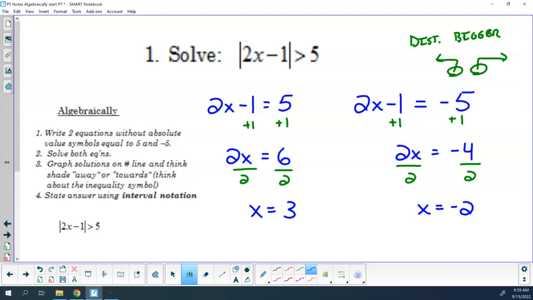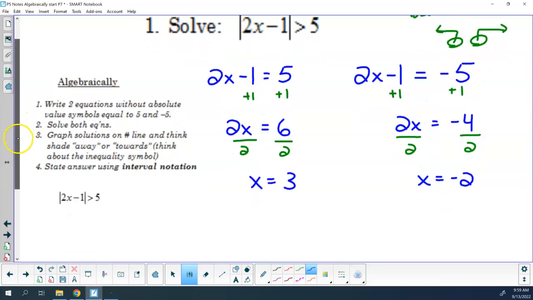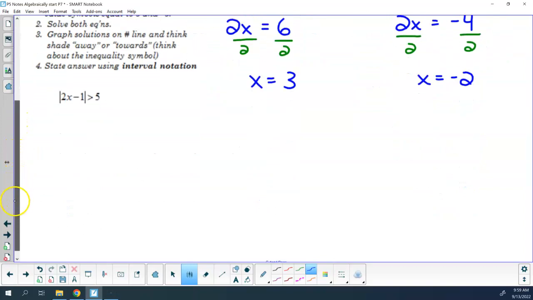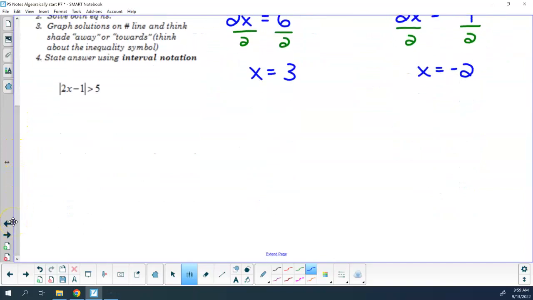Yes? So those are my two numbers on my number line. So draw yourself a number line. The two numbers that you care about are negative 2 and positive 3.